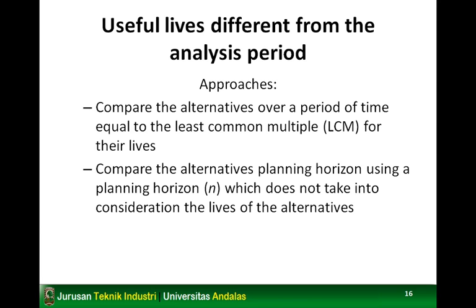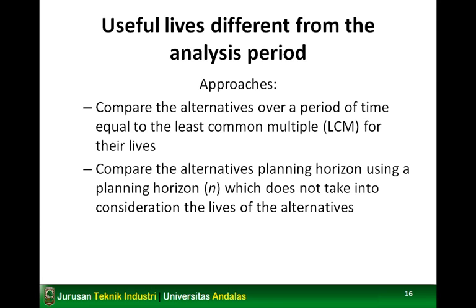Or we can do the analysis by using a planning horizon which does not take into consideration the life of the alternatives. For example, machine 1 has a life of 8 years, and machine 2 has a life of 6 years. So we can do the present worth analysis for a planning horizon of 5 years, for example.